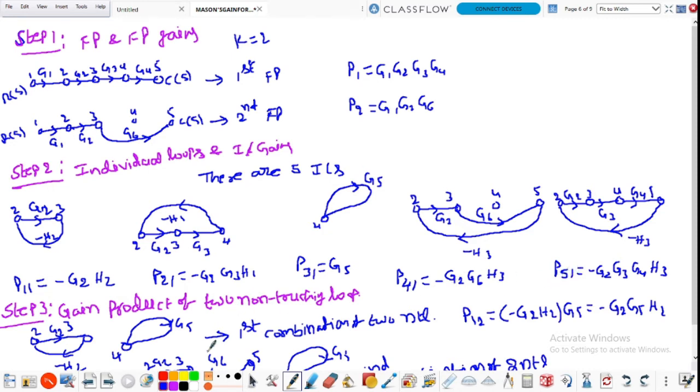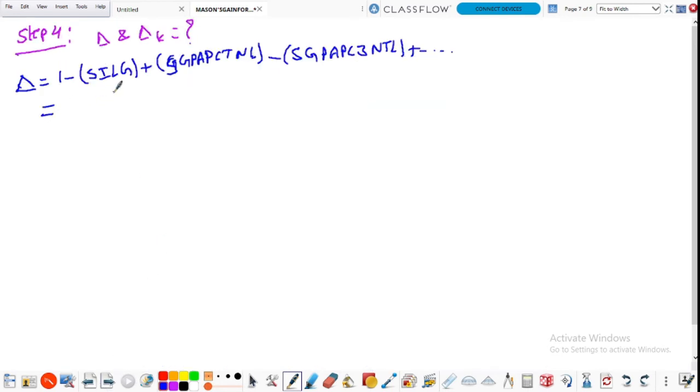So delta is equal to 1 minus sum of individual loop gains P11 plus P21 plus P31 plus P41 plus P51, plus sum of gain products of all possible combinations of two non-touching loops.